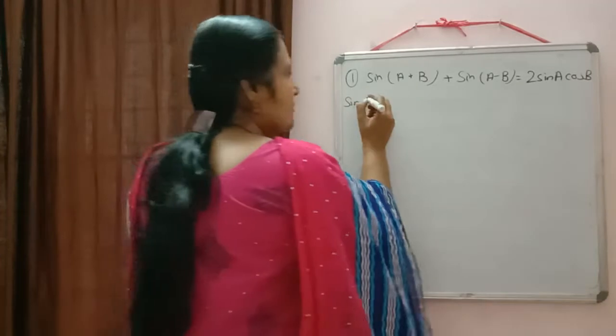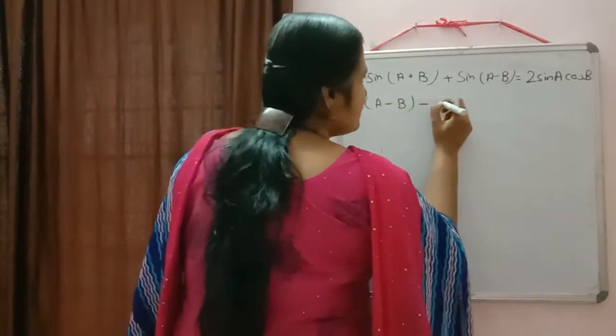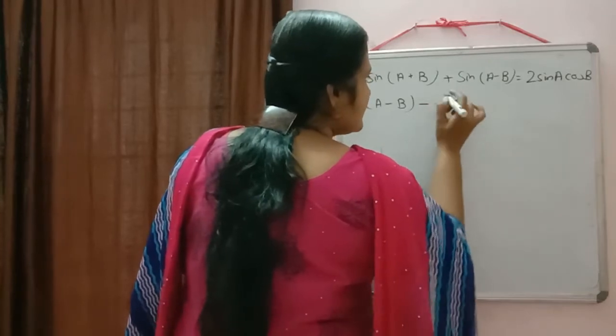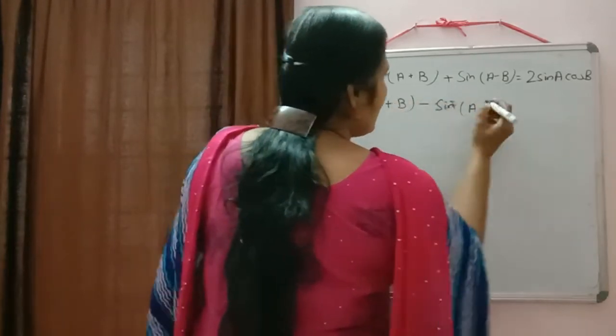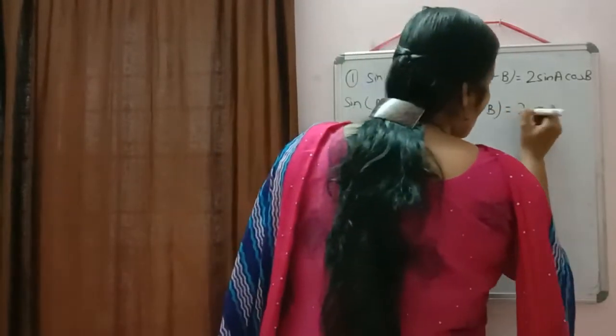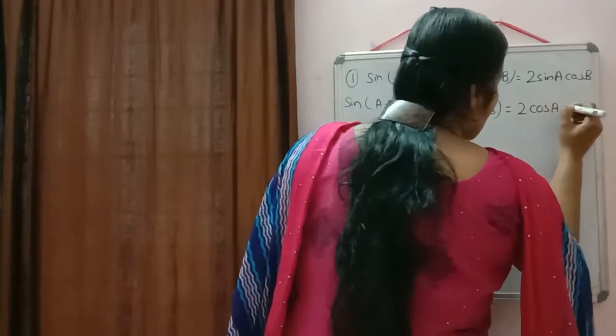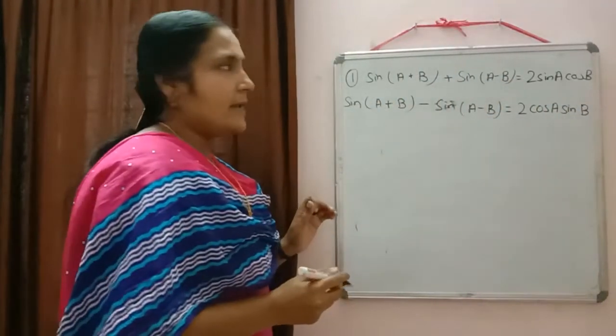In case of subtraction, cos will come first: sin(A+B) minus sin(A−B) will be equal to 2 cos A sin B.